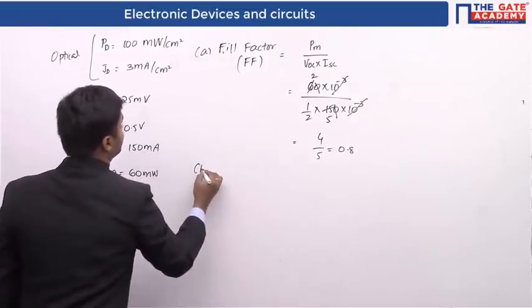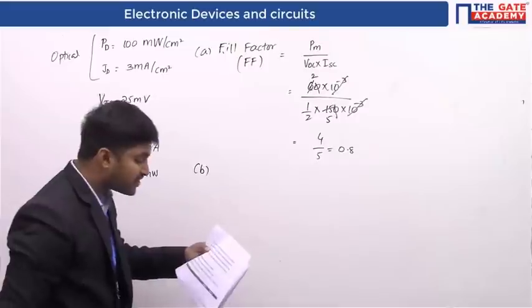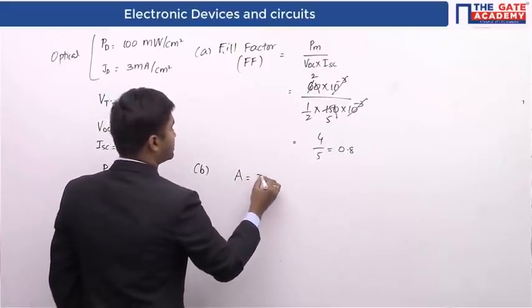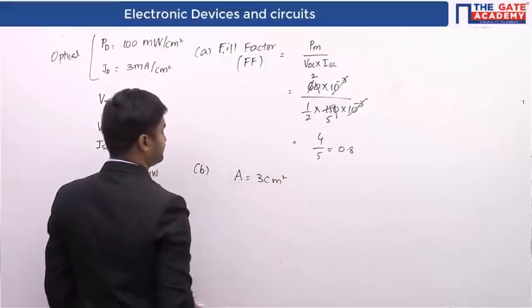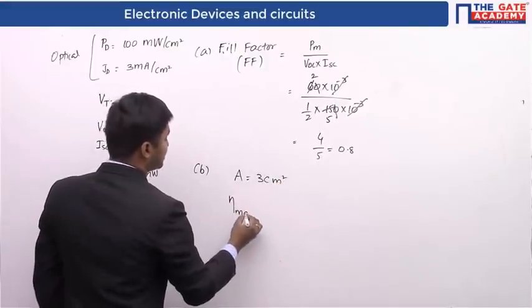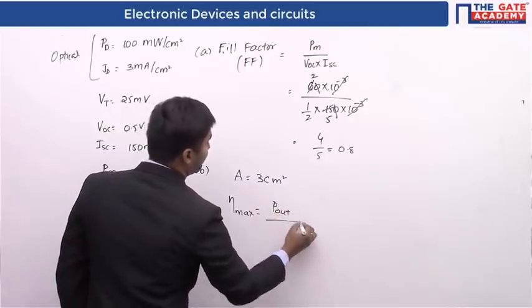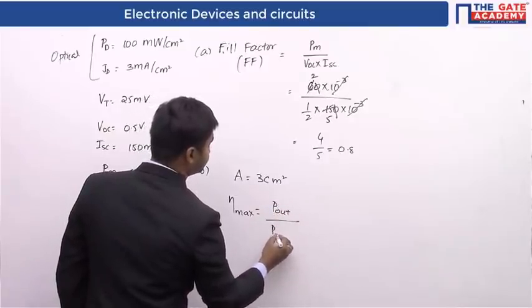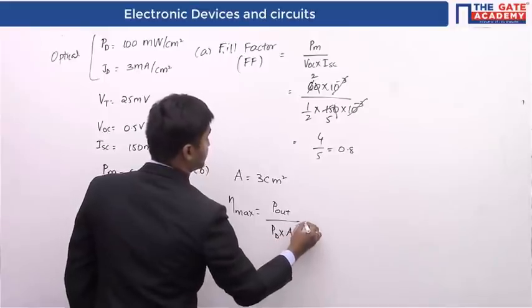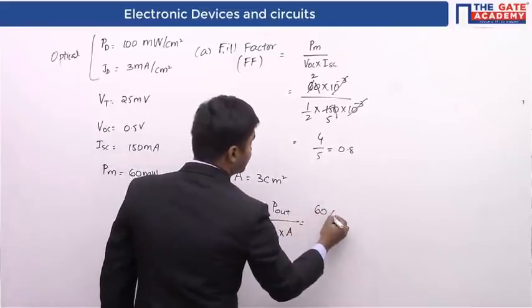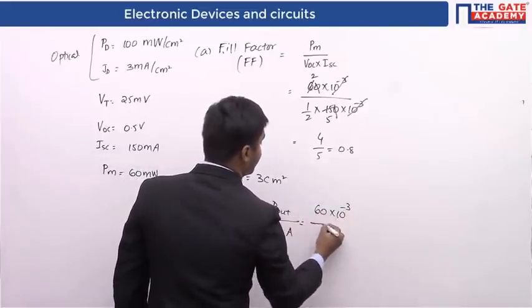The second part of the question is the maximum efficiency if the area of cross section is 3 centimeter square. The maximum efficiency is given by maximum output power divided by power density of the input multiplied by the area of cross section. The maximum output power is 60 into 10 power minus 3.